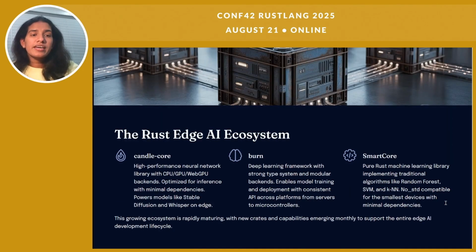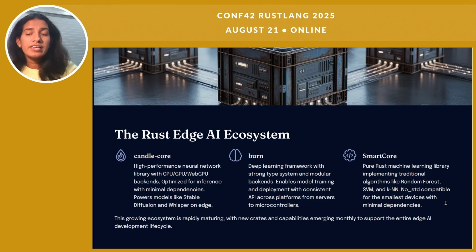The Edge AI ecosystem consists of Candle Core, which is a high performance neural network library used for inference with minimal dependencies. Next, there is Burn, which is a deep learning framework with a strong type system and modular backends, which enables model training.